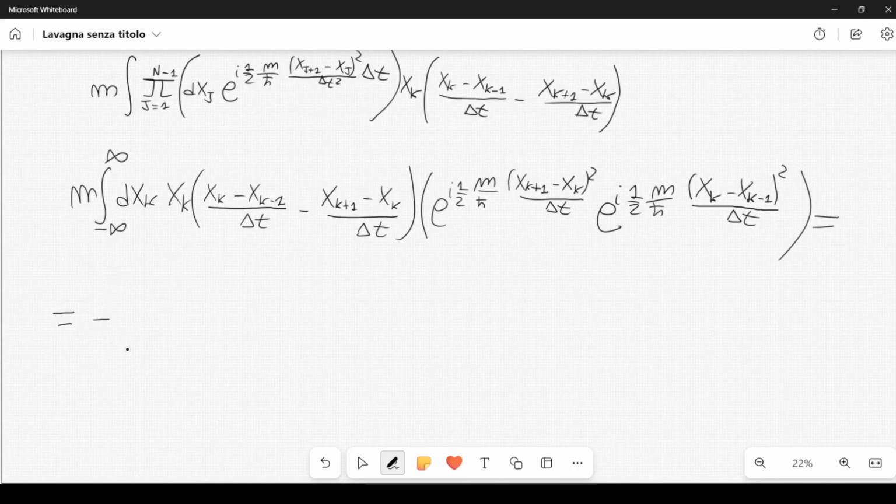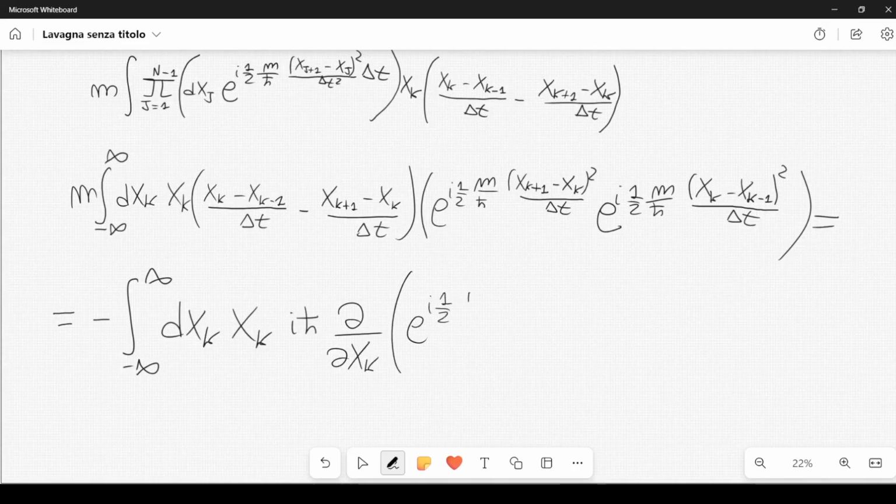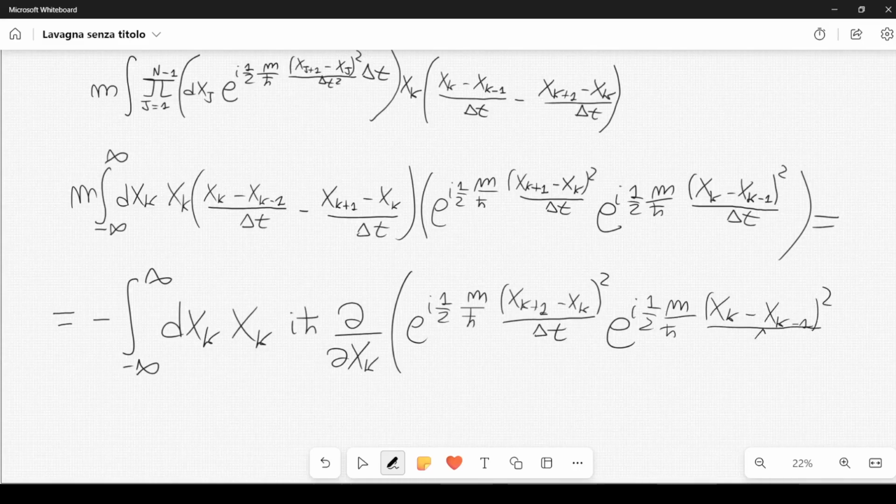You can write it as minus the integral from minus infinity to plus infinity, dx_k, x_k, and then i h bar times the derivative with respect to x_k of this: e to the i, 1/2 m over h bar, (x_{k+1} minus x_k) squared divided by delta t, times e to the i, 1/2 m over h bar, (x_k minus x_{k-1}) squared divided by delta t.